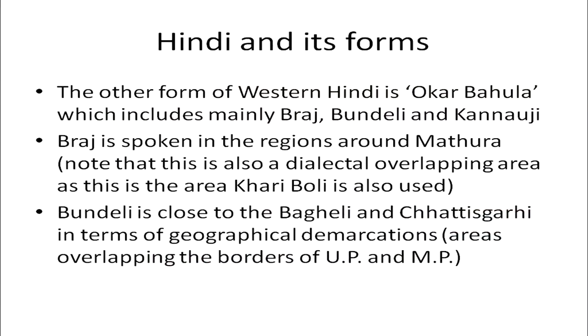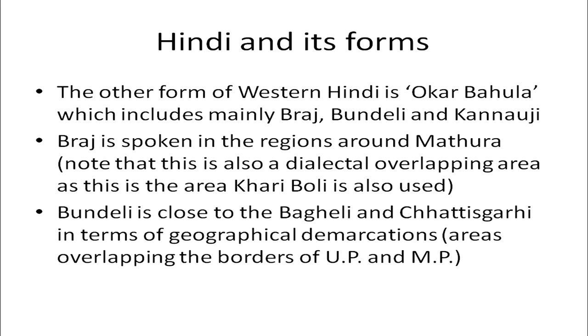The other form of Western Hindi is Okar Bahul, where in lieu of A, the vowel O is often used. Now, this includes mainly Braj, Bundeli and Kannauji. Braj is spoken in the regions around Mathura. Note that this is also a dialectal overlapping area, as this is the area where Khadi Boli is also used. Along with Khadi Boli, Koravi is also used, which I have just now spoken about.